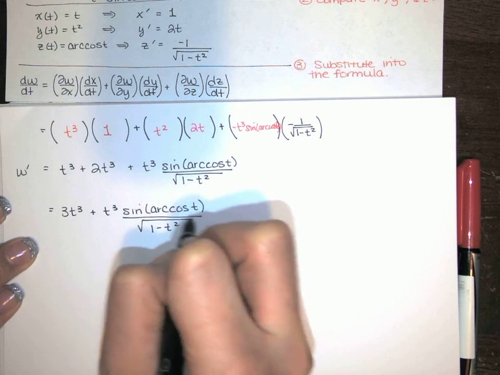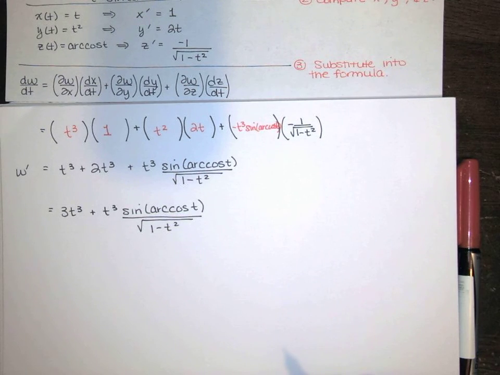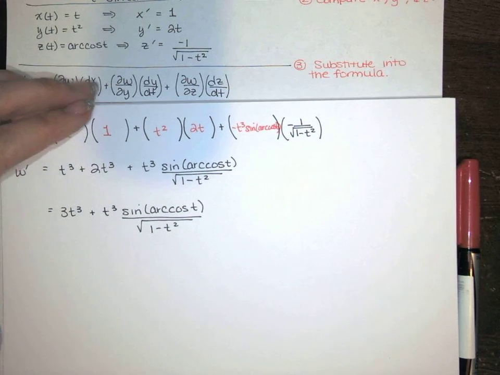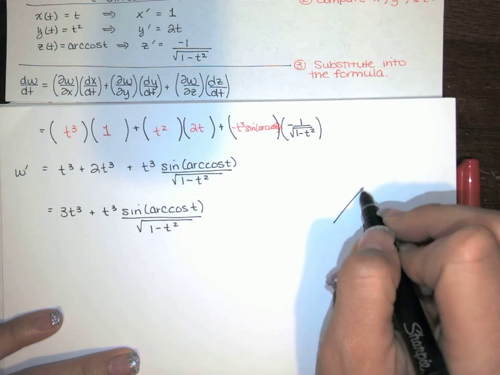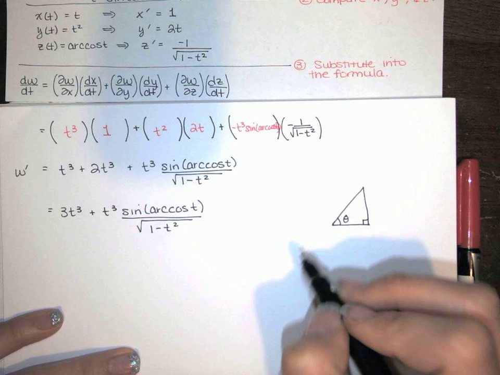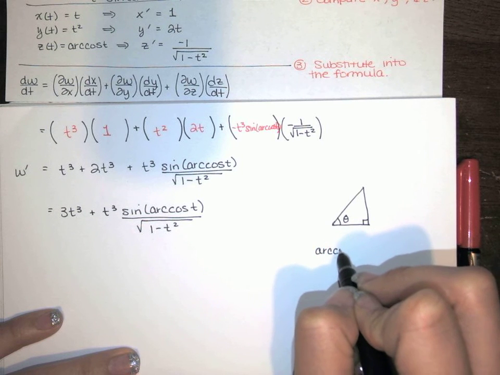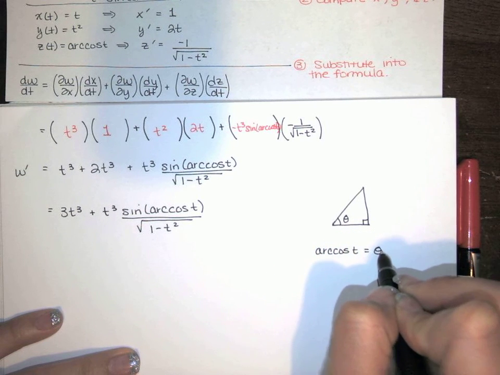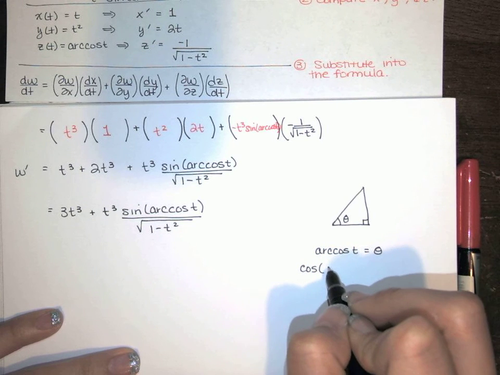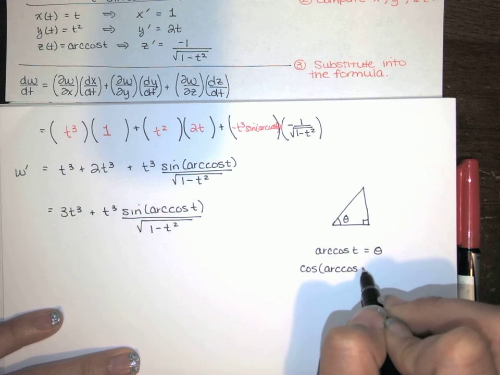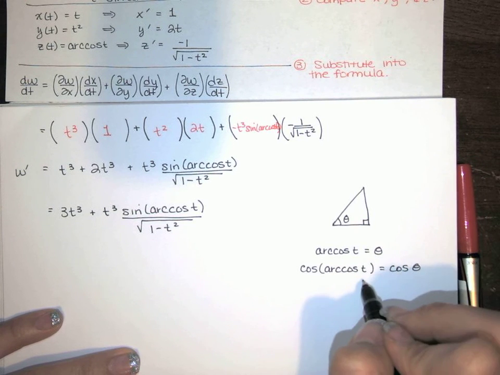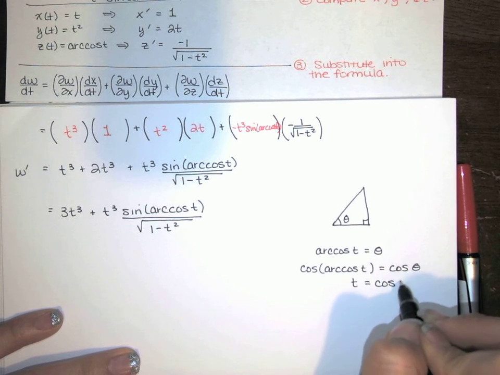You might say, how on earth do you simplify that? Well, arc cosine of t is an angle. So I'll draw a little triangle. I'm going to call that angle theta. If arc cosine of t is theta, then when I take the cosine of both sides of this, the arc cosine and the cosine undo each other, and we just have t has to be cosine of theta.